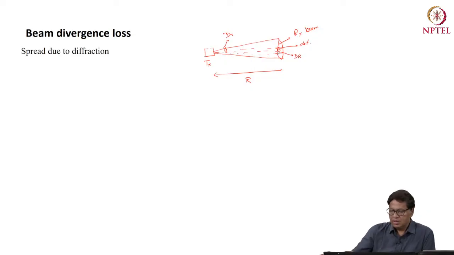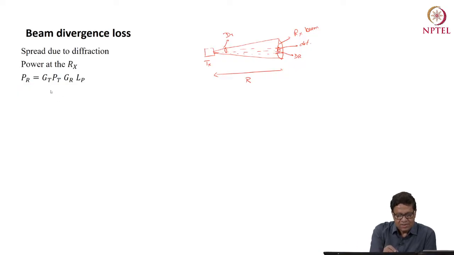So let us see the spread due to diffraction and then what is the power collected in the receiver. So PR is given, I'm assuming other components are equivalent to 1, the eta T or the pointing loss or the receiver optics or the filter.